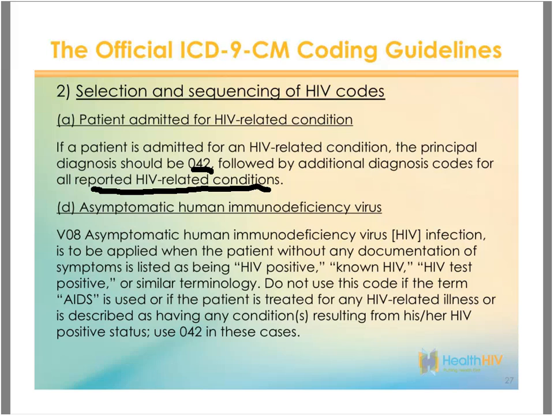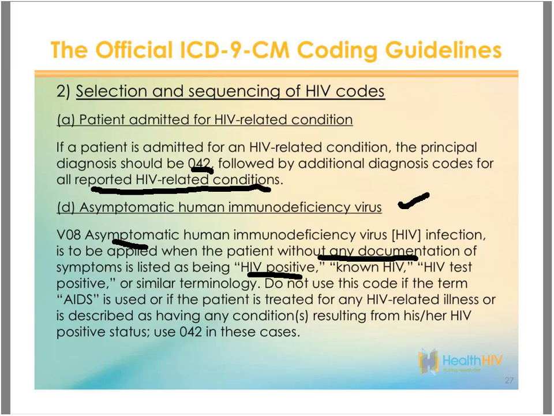Another guideline speaks to the asymptomatic infection status, or HIV positive. V08, asymptomatic human immunodeficiency virus infection, is to be applied when the patient without any documented symptoms is listed as being HIV positive.